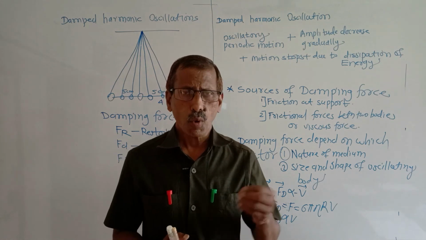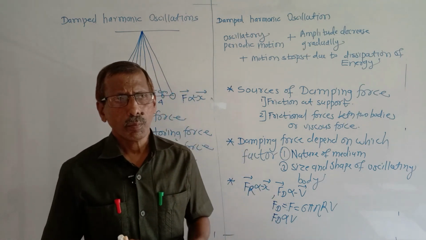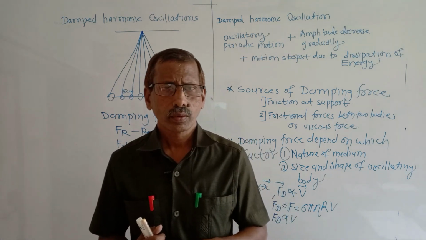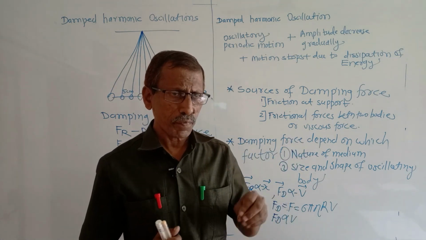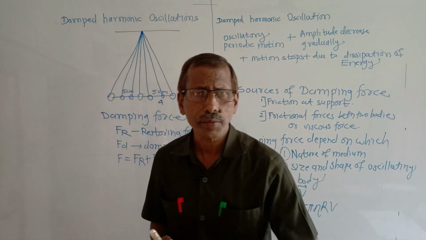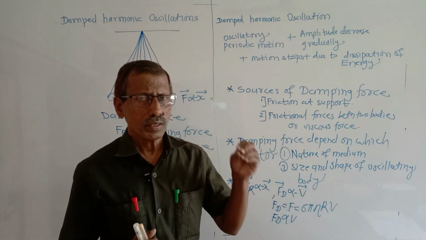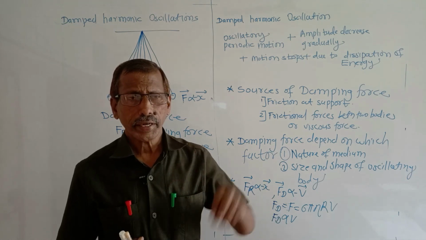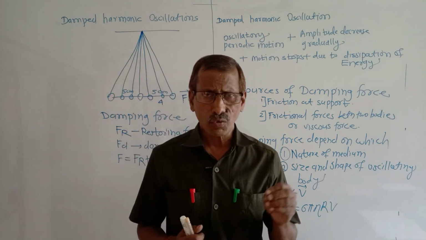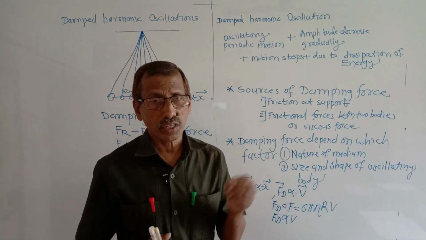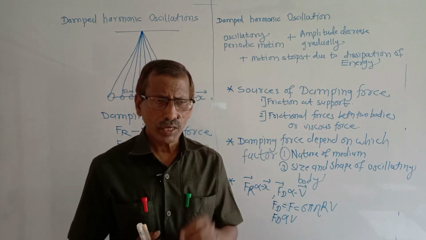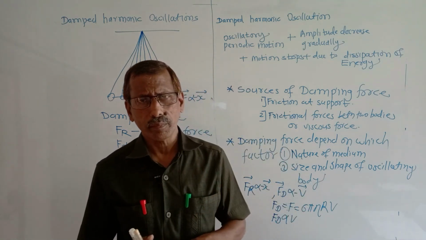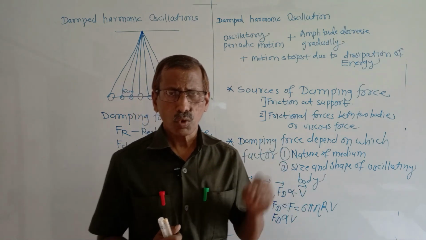So when a body is vibrated by using an external periodic force with a frequency different from the natural frequency of the body, it is vibrated with the frequency of the external periodic force. That frequency is called the driving frequency. Such a type of motion is called forced oscillation.